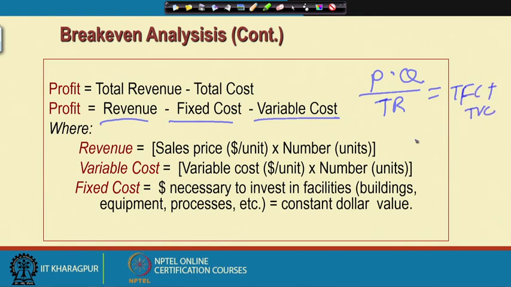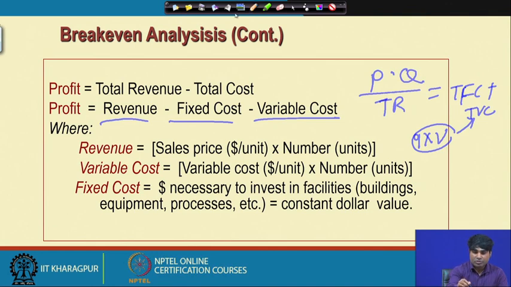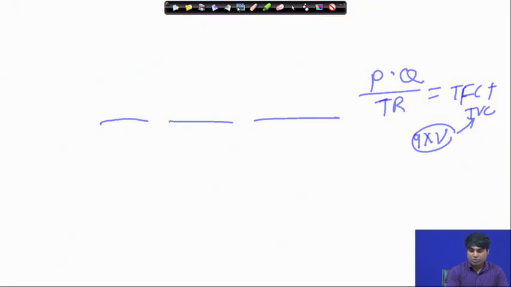Total variable cost is Q into V. So your equation will be like this: P into Q minus Q into V equals TFC.